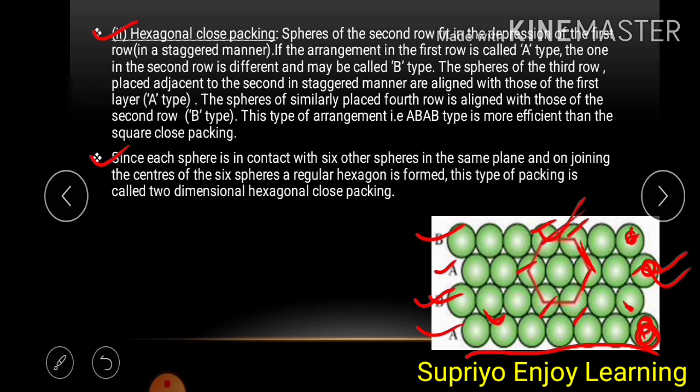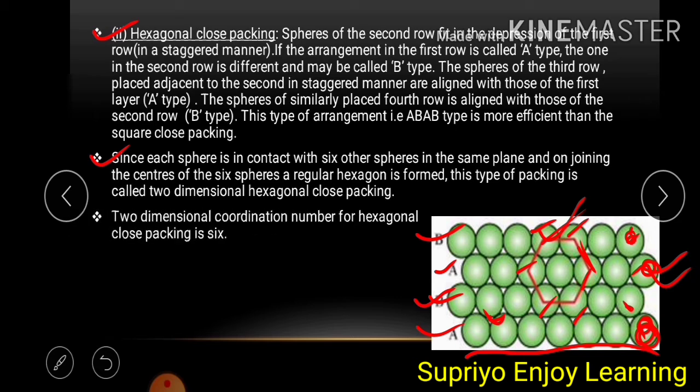This one is that hexagon. This type of packing is called two-dimensional hexagonal close packing. Here, each sphere has 6 nearest neighbors. So the two-dimensional coordination number for hexagonal close packing is 6.